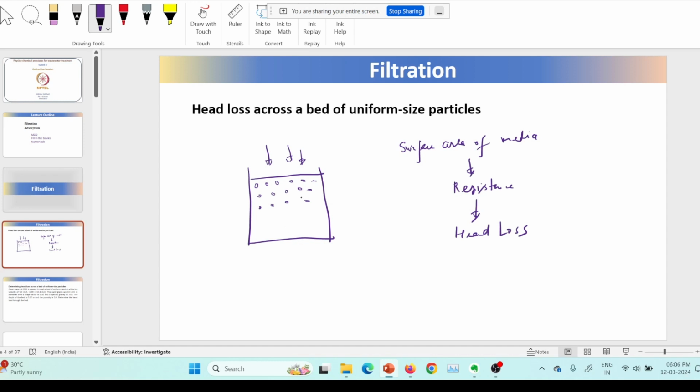So the head loss through the media is given by the Carman-Kozeny equation.